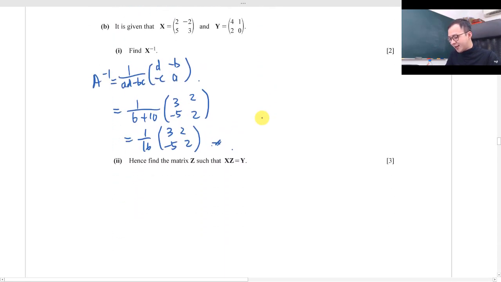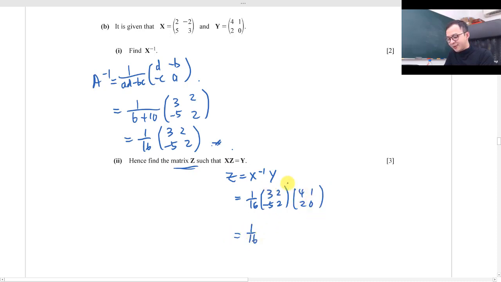Alright, so the next thing, hence find the Z matrix. So if I move my X matrix to the other side, we get X inverse Y. I just got my X inverse, which is 1 over 16, 3, 2, negative 5, 2. And I have my Y, which is 4, 1, 2, 0. Then I will multiply the matrices first, then only do the 1 over 16.